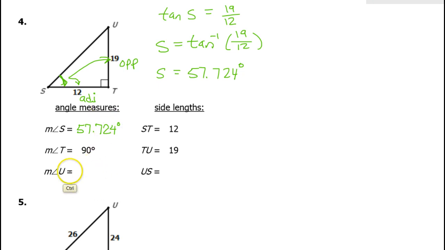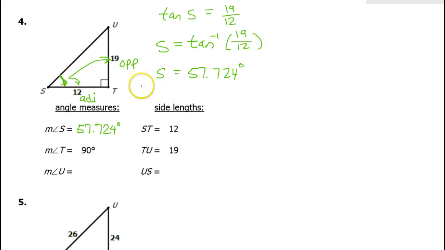Okay, let's move on to finding angle U. If I want to find angle U, I could do the tangent function again, and 12 would be opposite and 19 would be adjacent. If I'm feeling pretty confident about my angle S, then I might just subtract from 90.